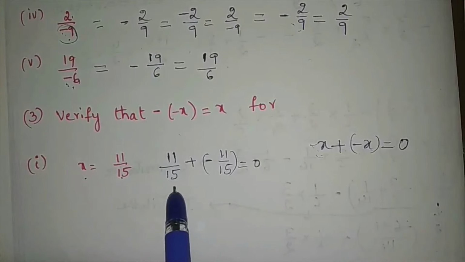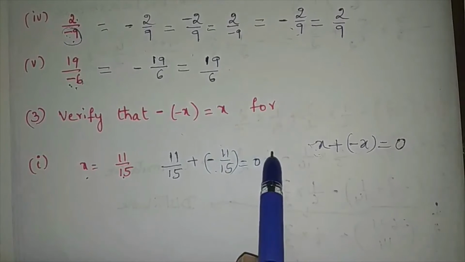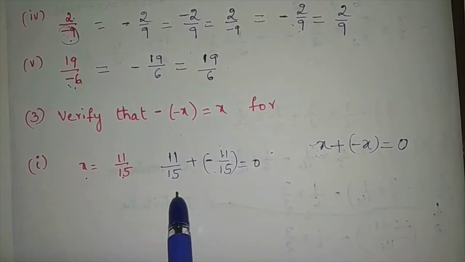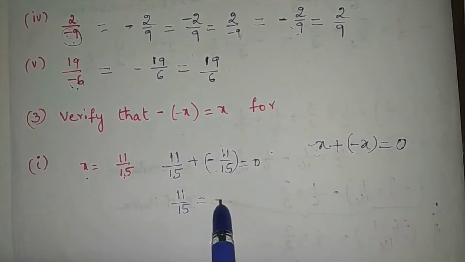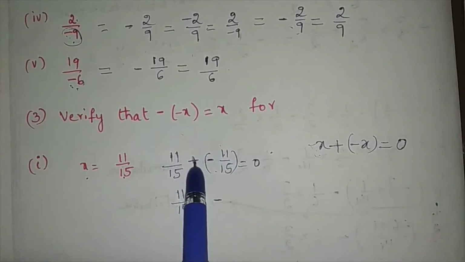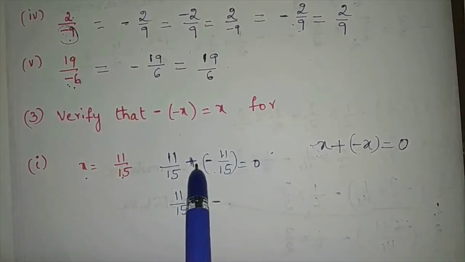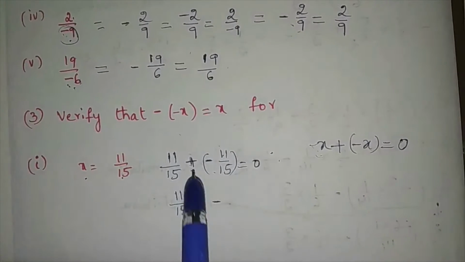Now what can we do? We can transpose this minus 11 by 15 to the RHS of this equation. If a term moves to the other side of the equation, we know it will change its sign and become minus.